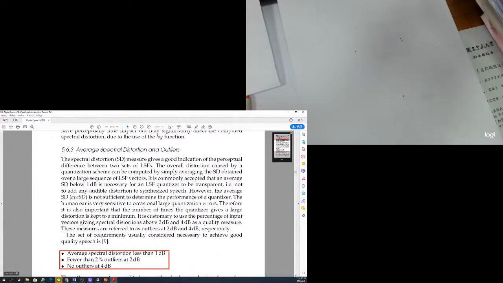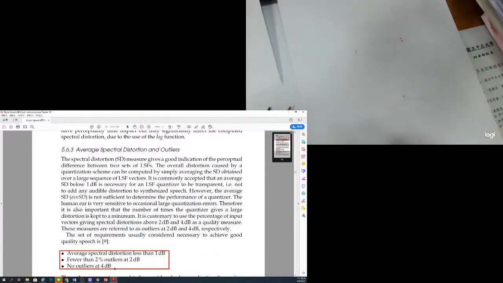Then we hope the number of outlier speech frames is smaller than 2%. Right now it is between 1 dB and 2 dB, and they hope only fewer than 2% are outliers, with no outlier over 4 dB.